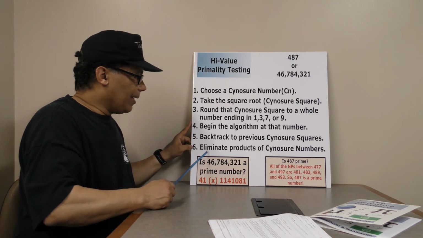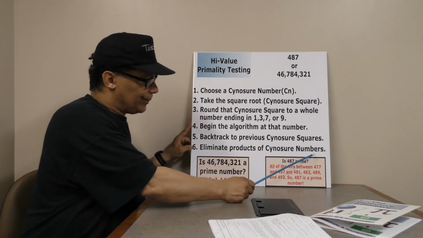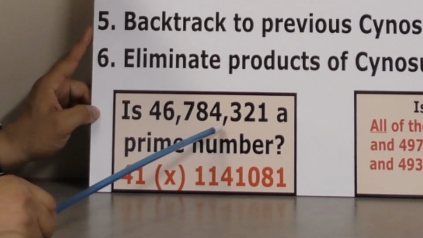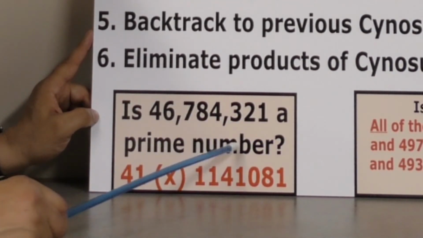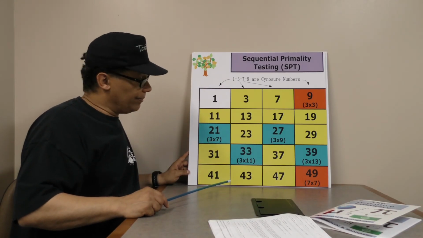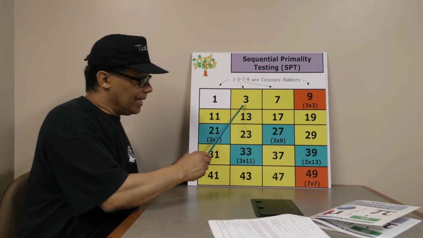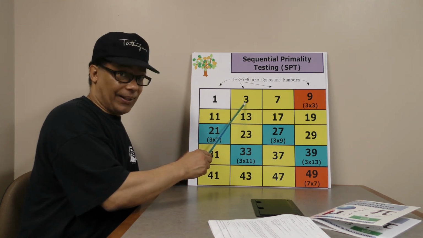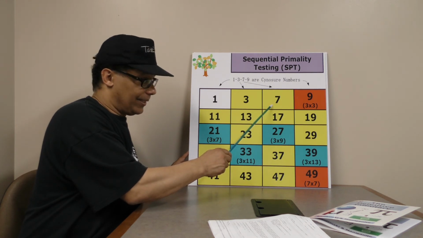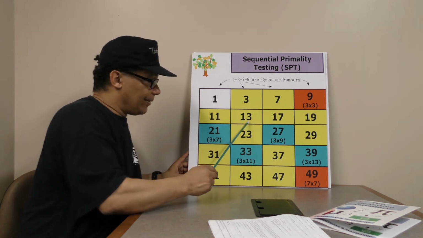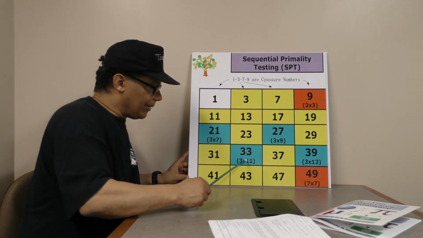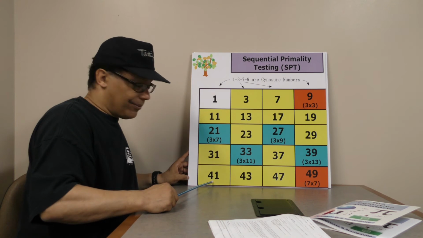So, we eliminate products of cynosure numbers. So is 46,784,321 a prime number? Well, if I use the process proof, I would have to start with 3, divide it into that large number, 46 million plus. Then I'd have to use 7, and then 9, 11, 13, 17, 19, 21, 23, 27, 29, 31, 33, 37, 39, and 41.